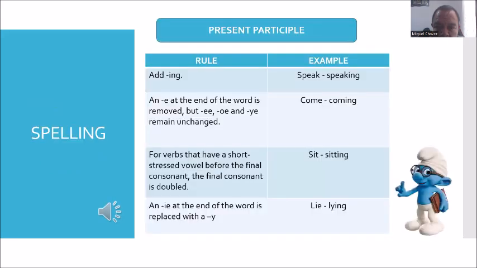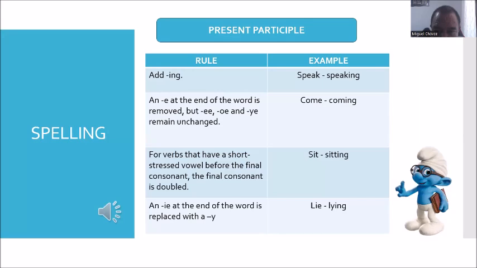The present participle or ing form is usually formed by adding ing to the infinitive, as we see on the first line, speak, speaking. However, there are a few exceptions to the rule. An E at the end of the word is removed, but EE, OE, and YE remain unchanged.